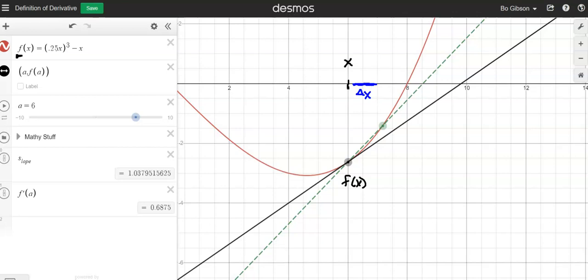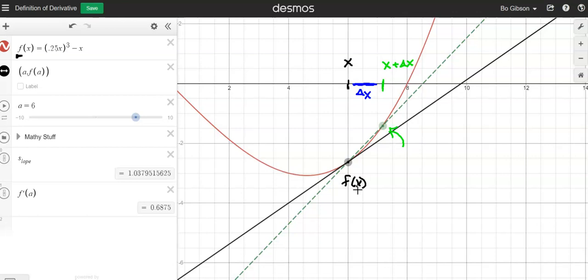So then, what point? I'll use this green here. This new point would just be x plus change in x. I start at 0, I go over a distance x, but then to get to this point, I'd have to go over a further distance that we're calling change in x, so the total is just x plus change in x.